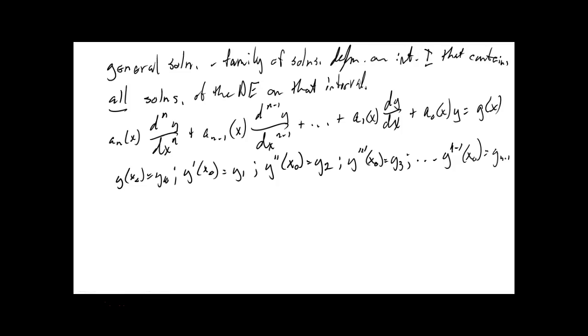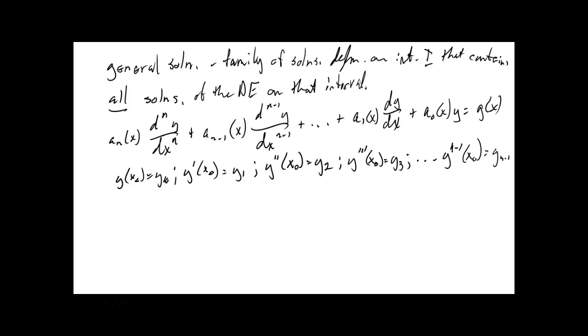You're going to need an initial value for every order of your derivative except the last one. That counts y0, the 0th order derivative, first order derivative, second order, third order, up to the n minus first derivative. You need an initial condition for each of those; you just don't have one for the last one.